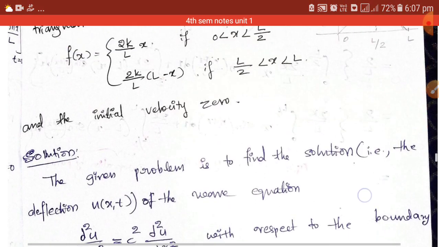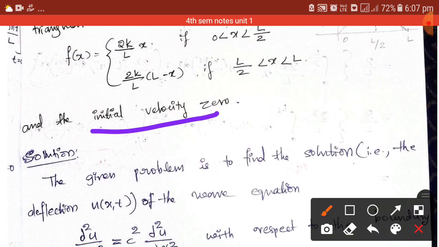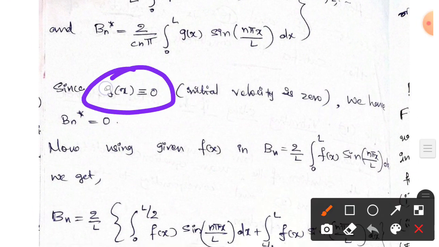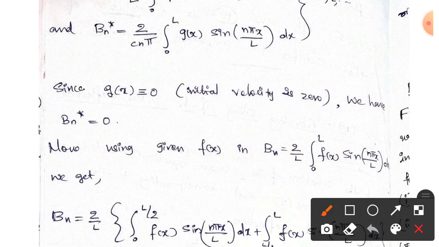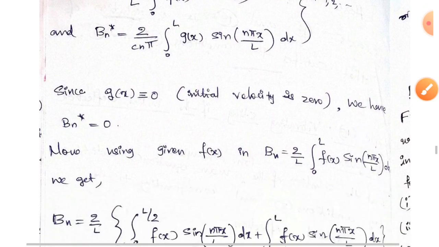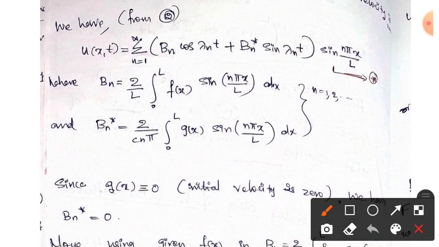Now in the question they have given that the initial velocity is 0. Initial velocity is 0 means g of x is 0, isn't it? G of x is 0 means this complete term is 0, so Bn star is 0.